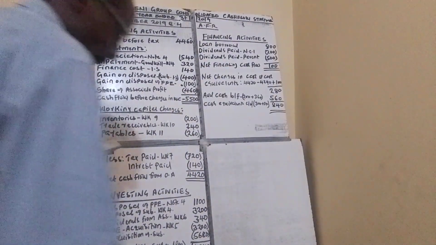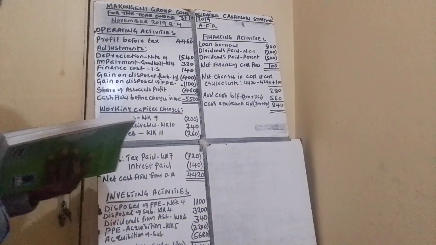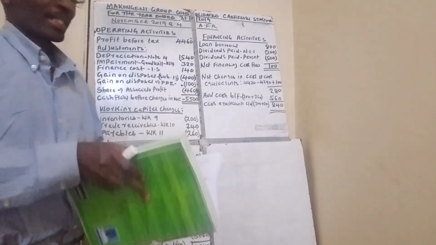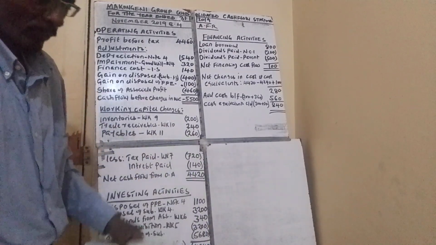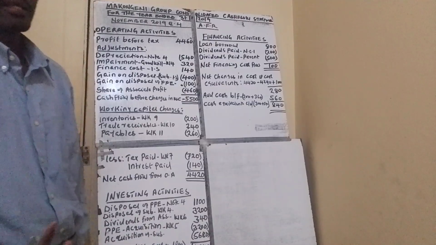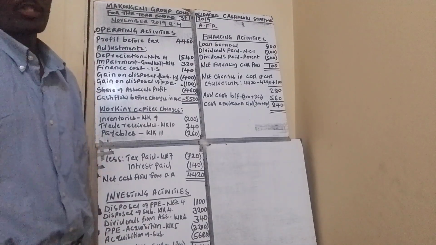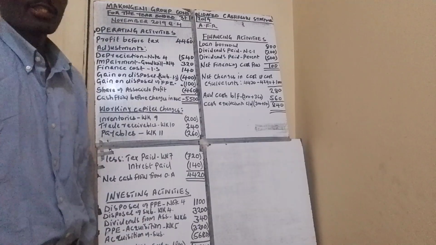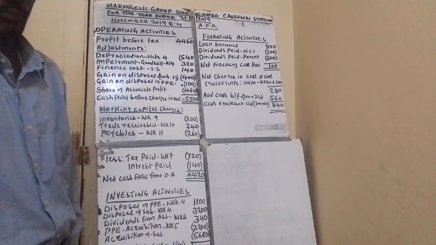So what you do is, with the indirect method, you adjust the profit. When calculating the profit, we usually use the accrual basis. Cash may either have been received or not. We anticipate cash to be received. We record it. We anticipate expenses to be incurred.